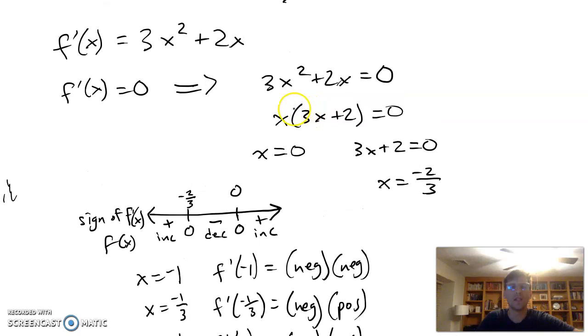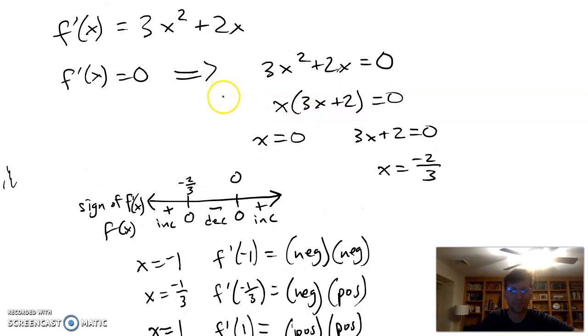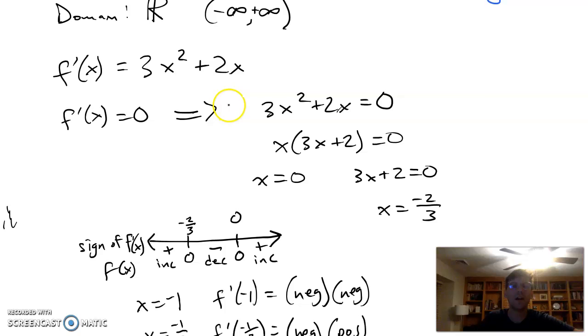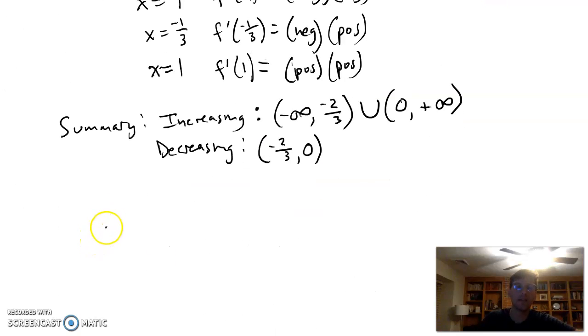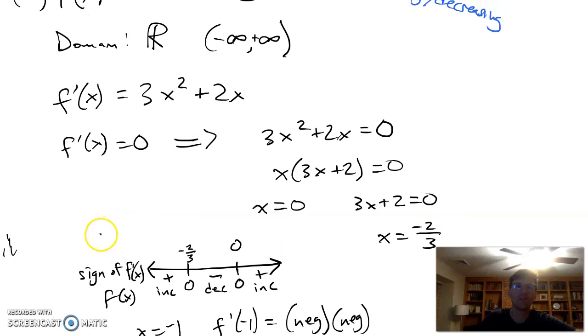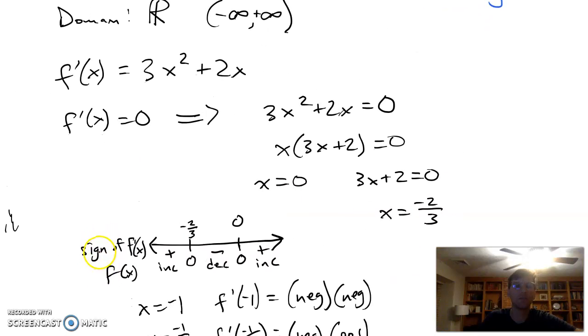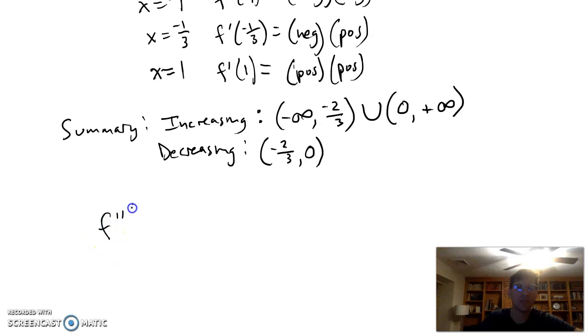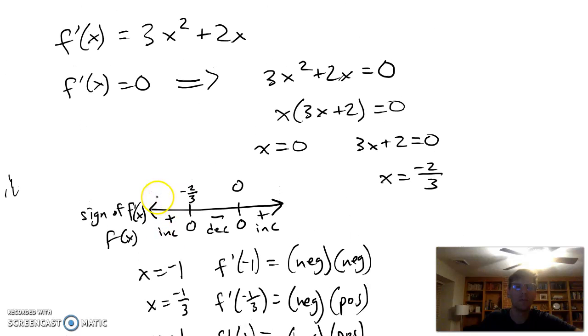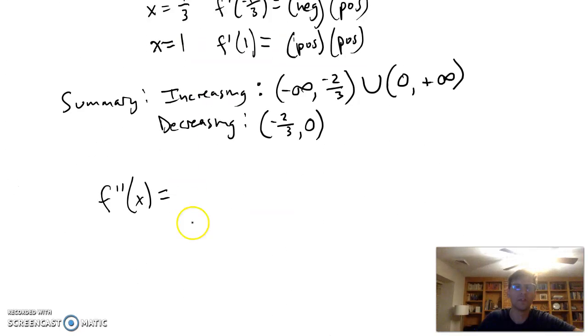The interesting thing is if we take this now, we could then find the concavity, and we would see that there's just going to be one possible inflection point. So the second derivative would be 6x plus 2.